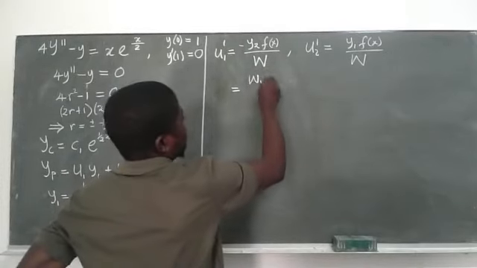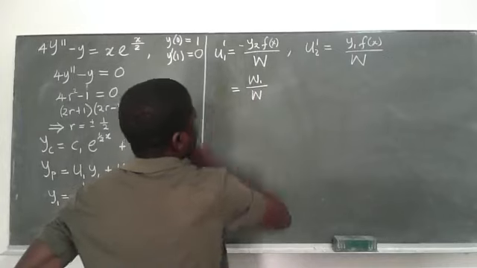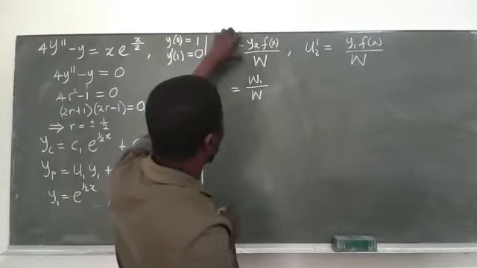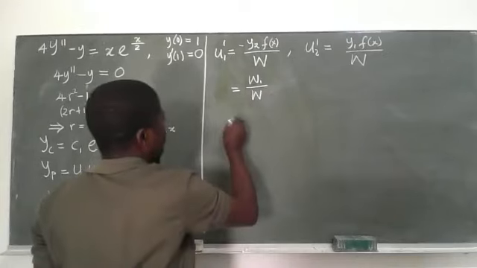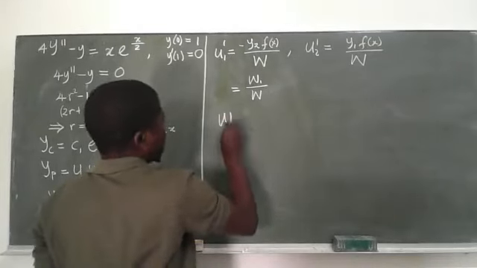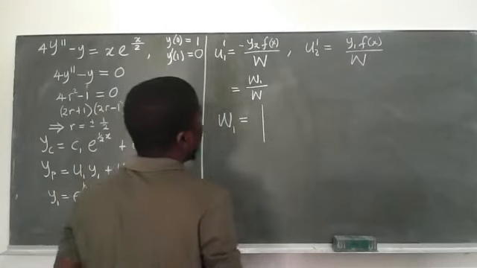So we can say the Wronskian 1 over the Wronskian. These two are just the same, and I'll explain why.